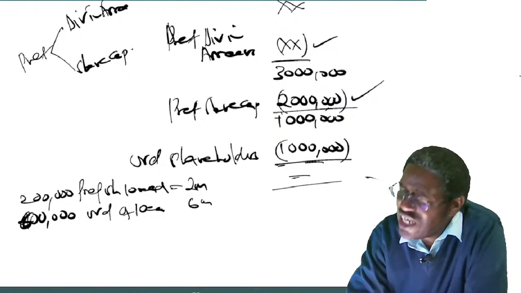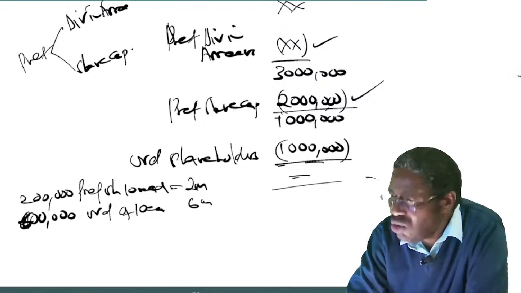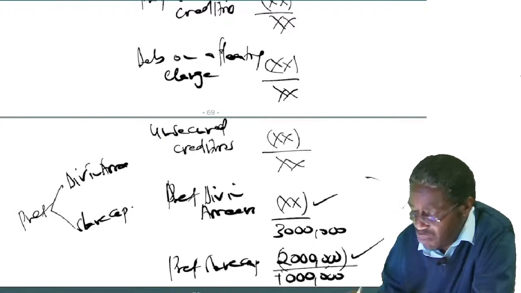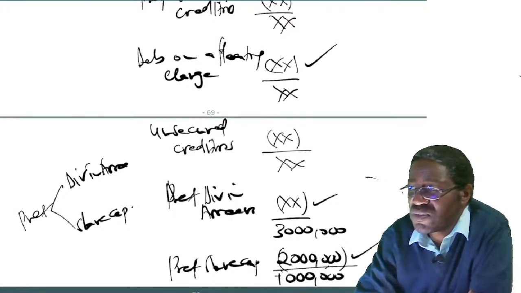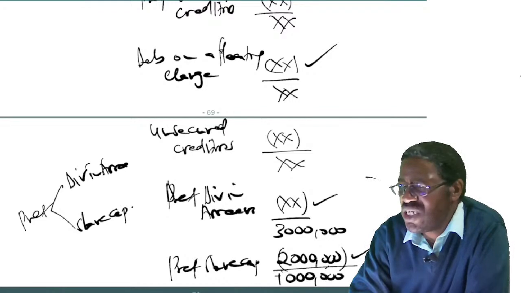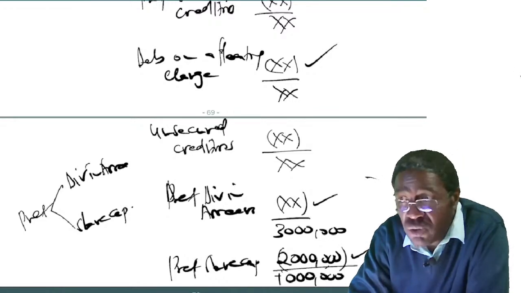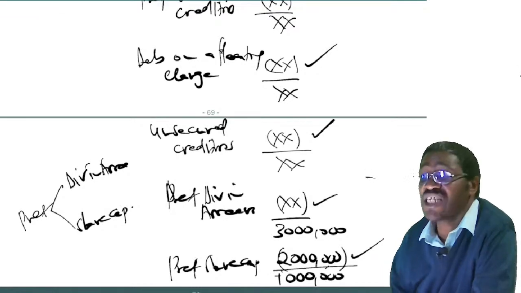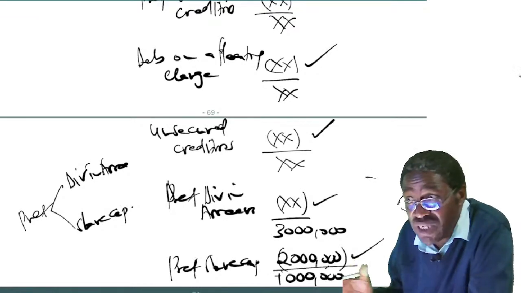Then we ask, can we ask the debenture holders? No. They know that in case the company is liquidated, somewhere there they will be paid. Can we ask the creditors to suffer the loss? No. Why? Because they know if they go to court and ask for the company to be liquidated, they will be paid.